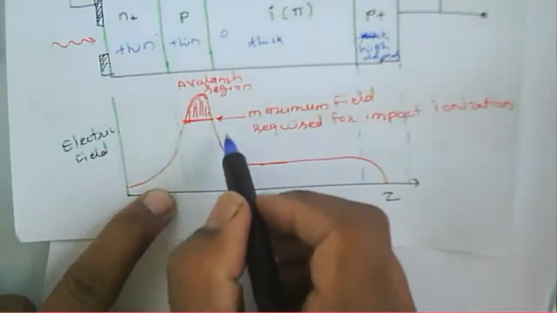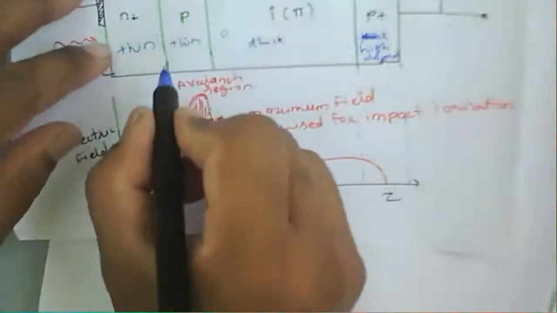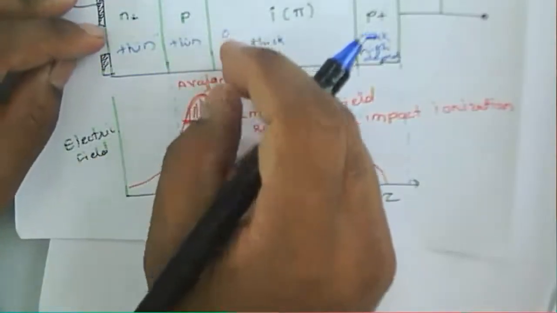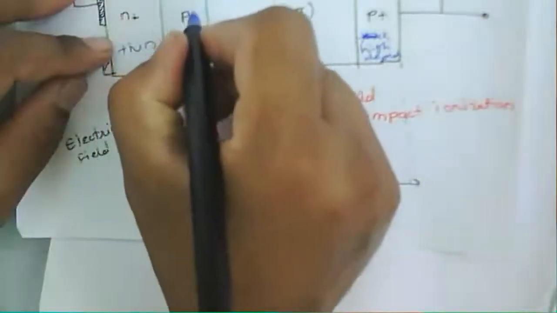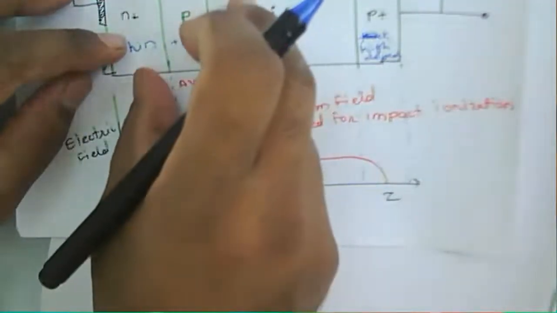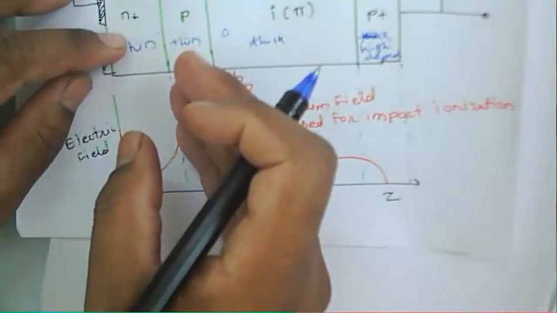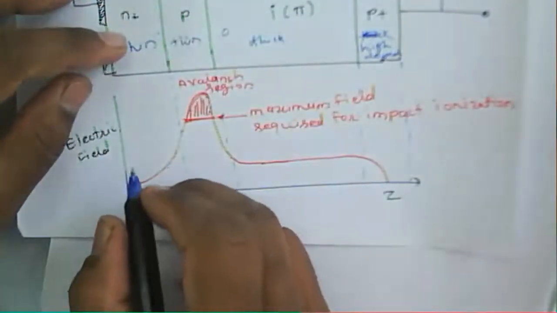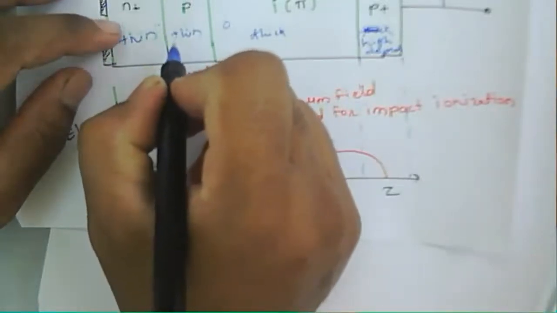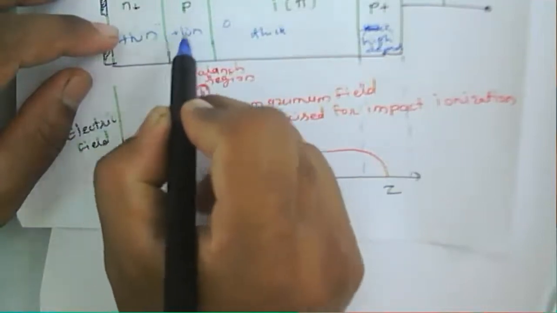They experience a high electric field, and they acquire sufficient kinetic energy, greater than the band gap energy. So they get the energy to impact ionize some of the silicon covalent bonds, and then they release another electron hole pair here.